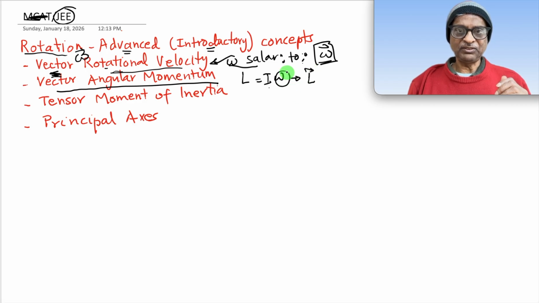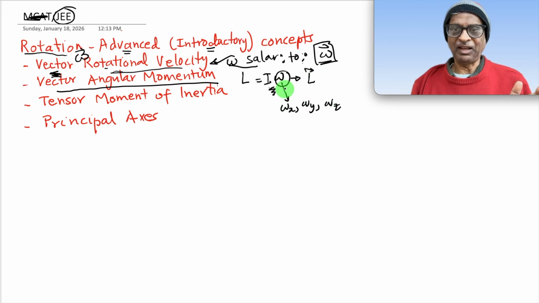So this is a vector, then what is that? Over here you can think of the components as omega x, omega y, and omega z. Then how do you combine this and make a vector out of that?